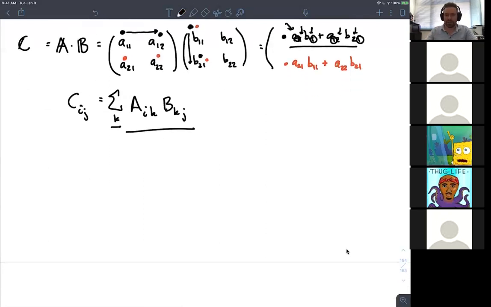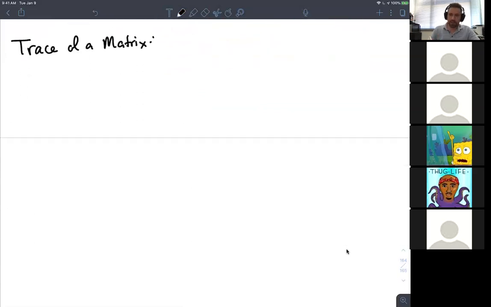Okay, now I want to introduce one more matrix operation that you may or may not have seen before, and that is what's referred to as the trace. Again, if I have a matrix A, whatever that looks like, I can take the trace of that matrix. The trace is simply the sum of the elements along the diagonal.